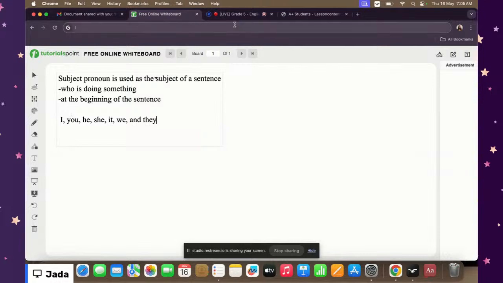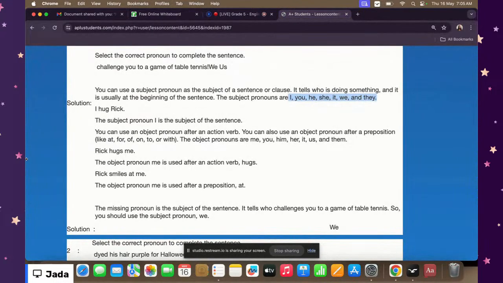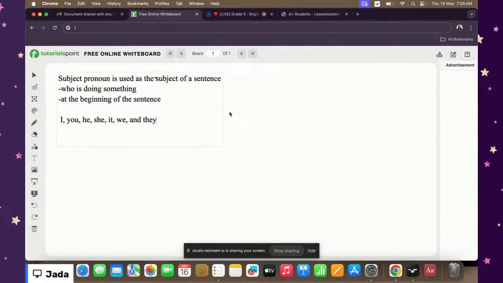Okay, so moving on, we have an example here which says, I hugged Rick. The subject pronoun I is the subject of the sentence. That's an example.